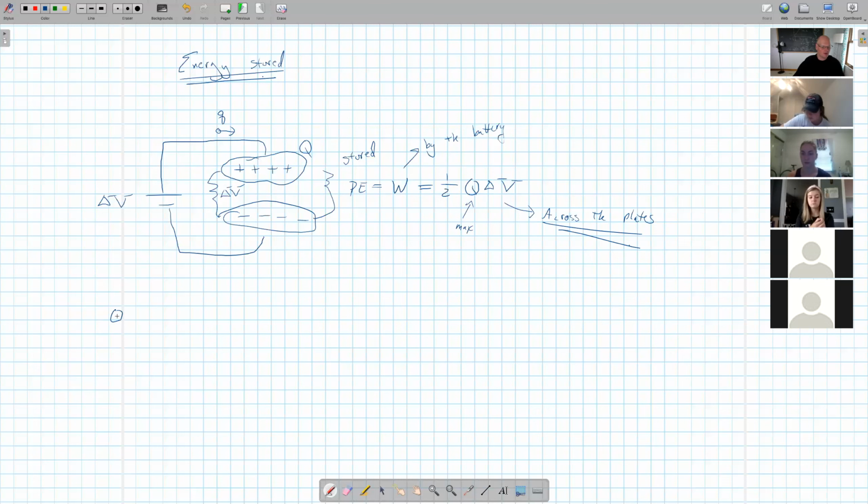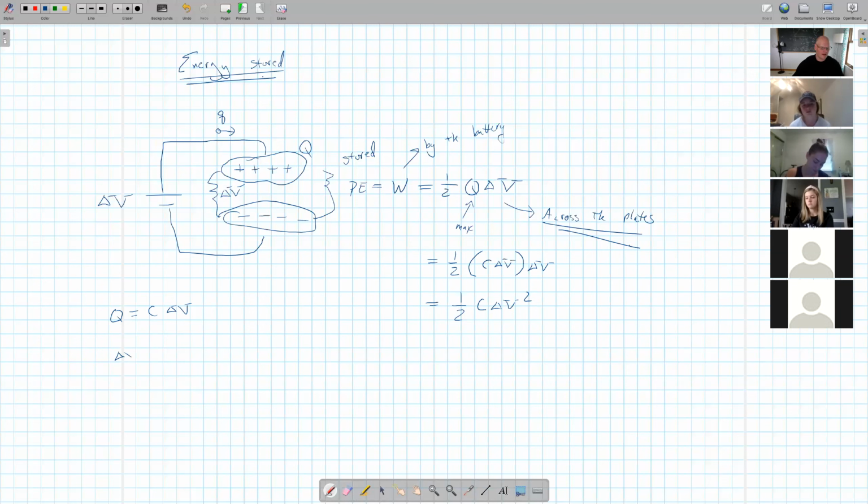Now, if we also use that Q is equal to C times delta V, we can rewrite this in several different forms. If I use that, I can rewrite this as 1/2 times C times delta V times delta V. Here I'm just replacing Q with C delta V. So this is also equal to 1/2 C times delta V squared.